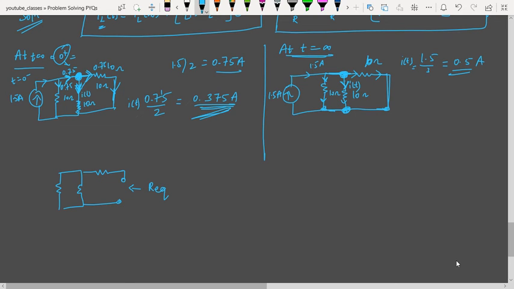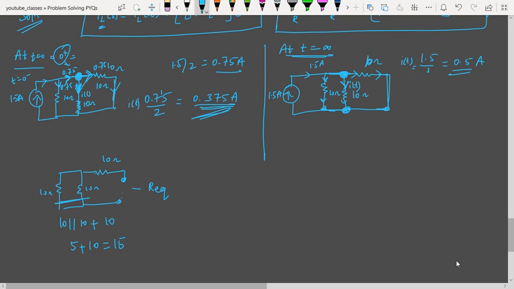So let's find the equivalent resistance for this part. This is 10 ohms, this is 10 ohms, this is 10 ohms. Two are in parallel, but since this one is open, the third is not parallel, it becomes series. So 5 plus 10 equals 15 ohms is the resistance.